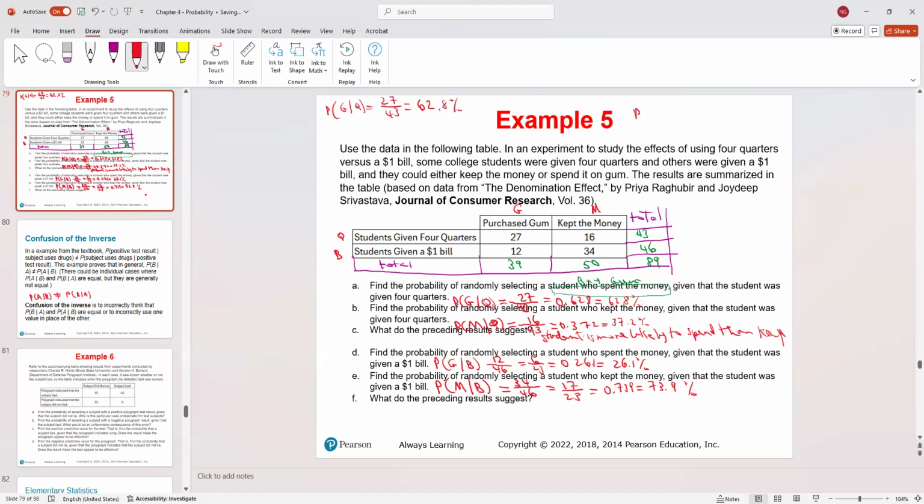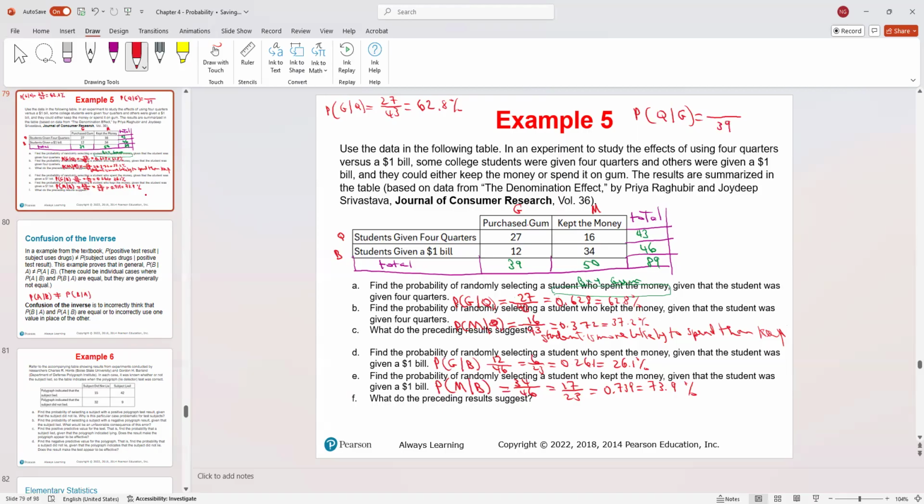But if we do probability of Q given G, now first of all, because we said given G, we need to divide by the total of G. What is the total of G again? Gum purchase? Yes, 39.